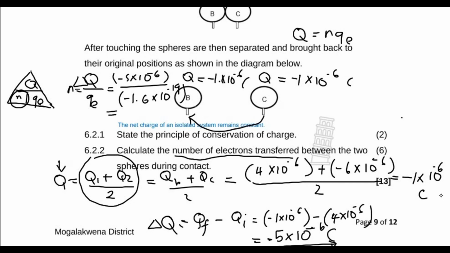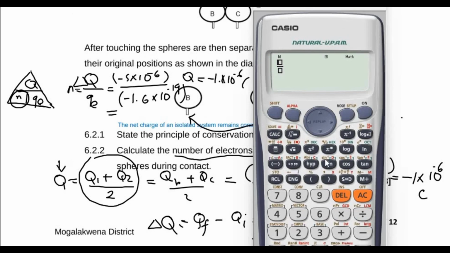So how much is that? Let's see, brackets, minus 5 multiplied by 10 raised to the power of minus 6, divided by minus 1.6 multiplied by 10 raised to the power of minus 19.